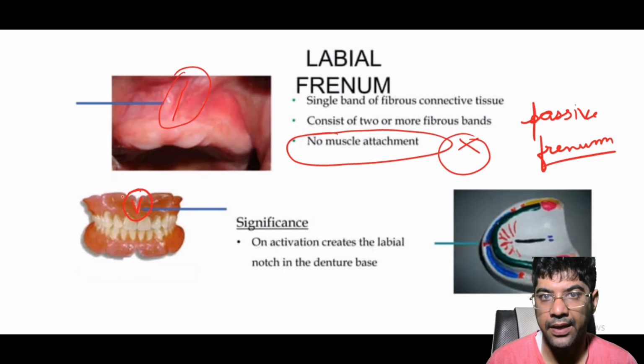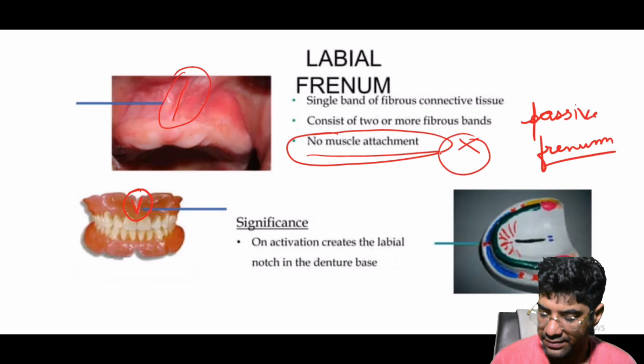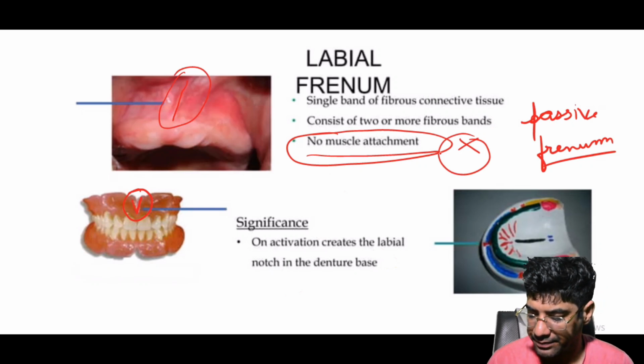This notch should be narrow but deep enough to prevent interference with the labial frenum. Now the labial frenum runs horizontally and exerts an indirect displacing effect on the denture. The muscles in this region are thin and their influence on denture is minimal. So there is no muscle attachment.